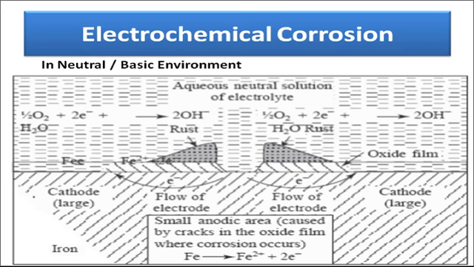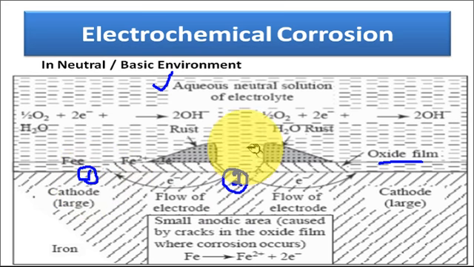So first we understood the case of the neutral or the basic environment. In case the metal surface is present in the neutral environment, in presence of the aqueous neutral solution, normally at the iron metal surface an oxide film is formed, but the nature of the oxide film is porous. Some parts remain uncovered by the oxide layer. These parts, suppose I denote by the number 2 and the covered part is denoted by number 1.